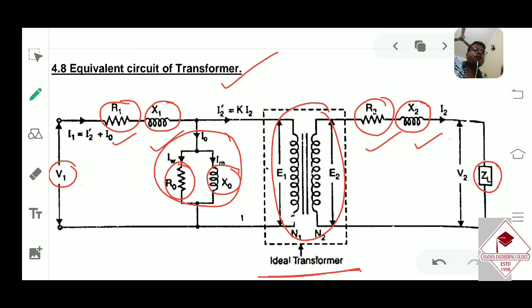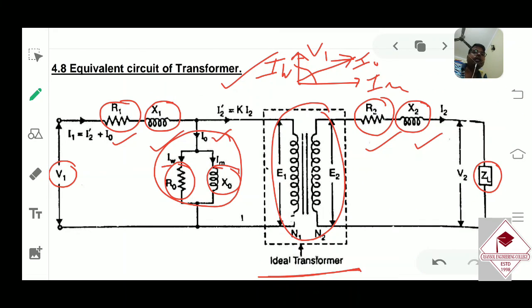We know from the phasor diagram itself that these two components are 90 degrees to each other, so we can show it by an inductor coil in the equivalent circuit. From the phasor diagram you know that I mu is in phase with phi, and IW is 90 degrees from it, in phase with V1, right?